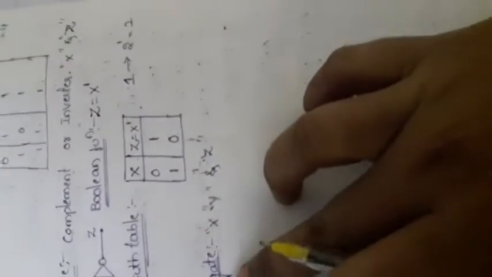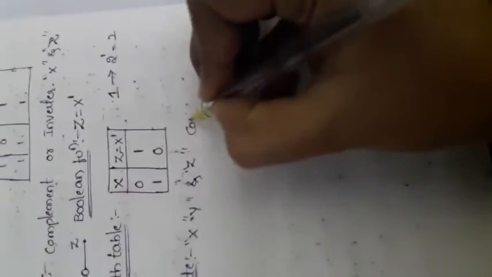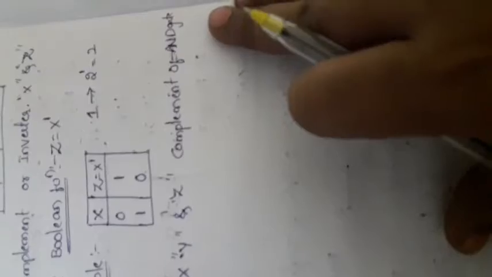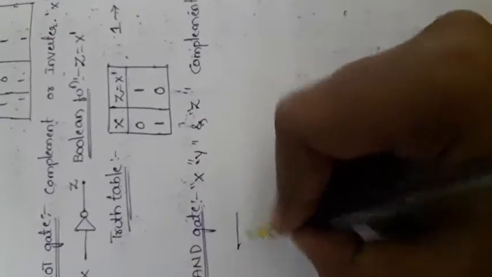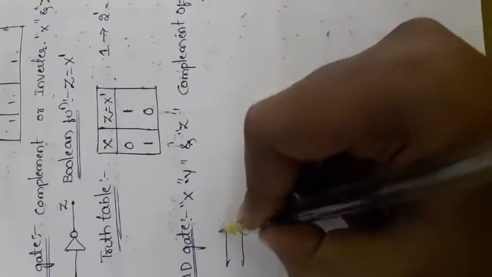The NAND function is the complement of the AND gate, as indicated by a logic symbol like this. So it is exactly the AND gate, but with a complement.